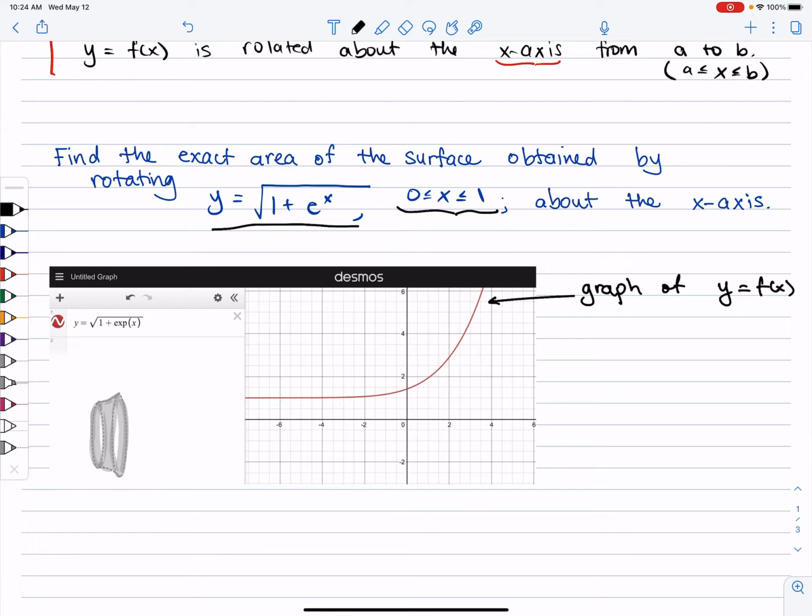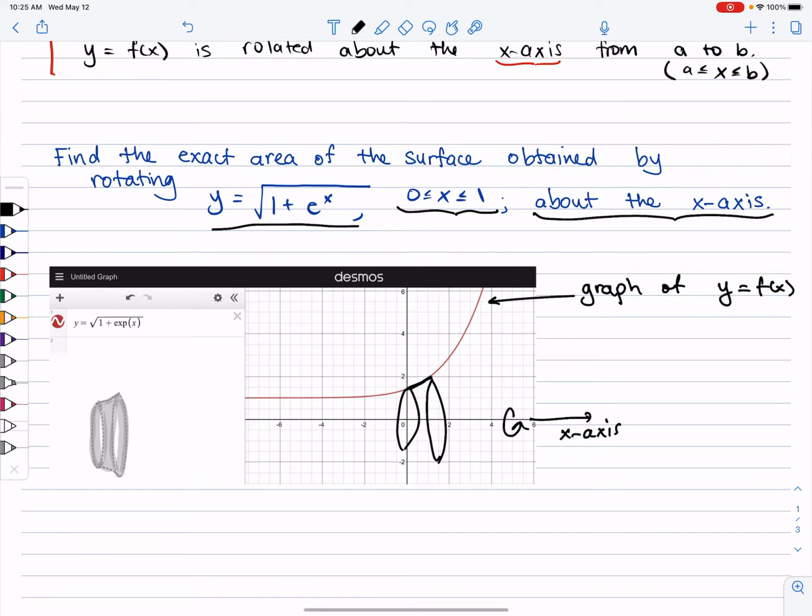So that means that we want to look at this part here. And we want to rotate that length of the curve about the x-axis. So we're going to get the length, not the area. Got to be careful. We talked about area in the past. We're only getting that curve, and we're going to be rotating it about the x-axis.